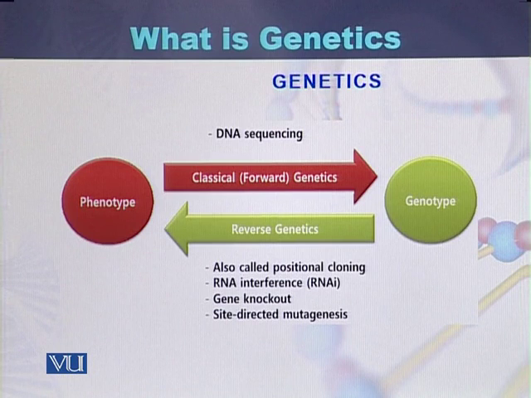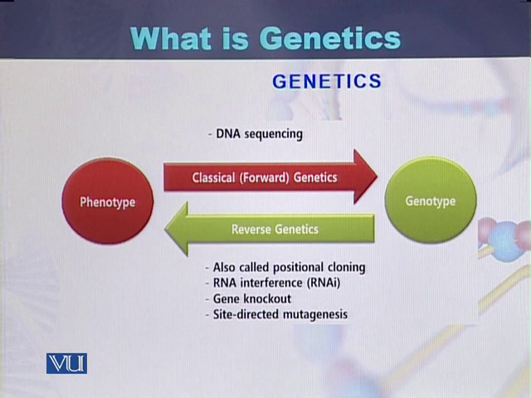If we study the genotype based on the phenotype, it is called classical genetics or forward genetics. Usually it is performed by sequencing the DNA. While if a geneticist wants to study genetics in reverse, then the phenotype is identified based on the genotype.